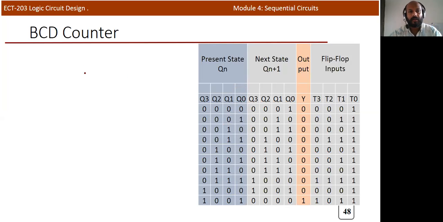After completing this, you can move to the Boolean expression part. In the Boolean expression part, we need to design T3 by using Q3, Q2, Q1, Q0.